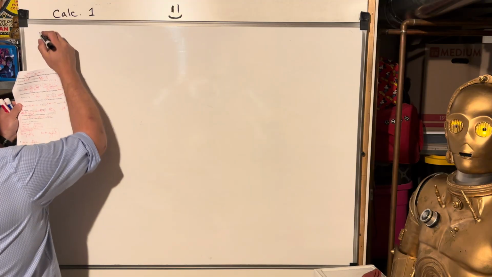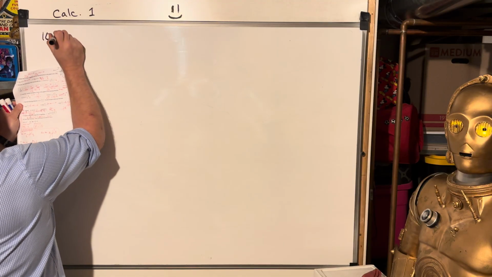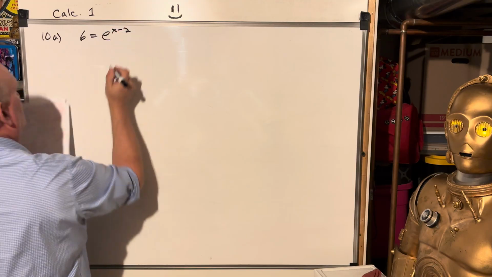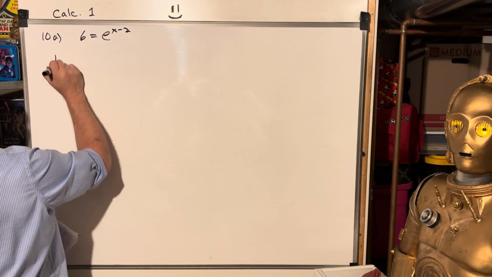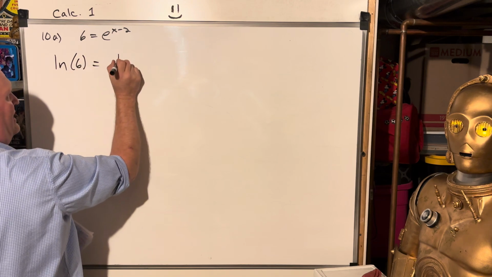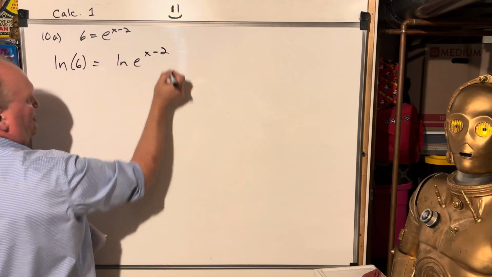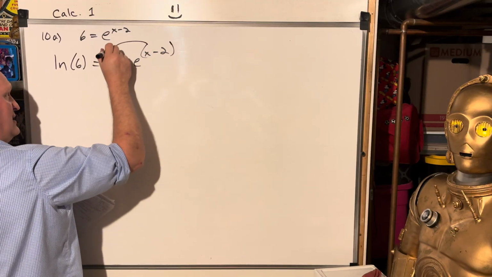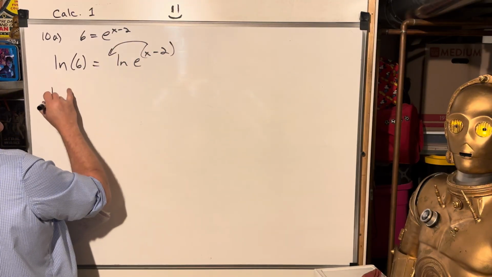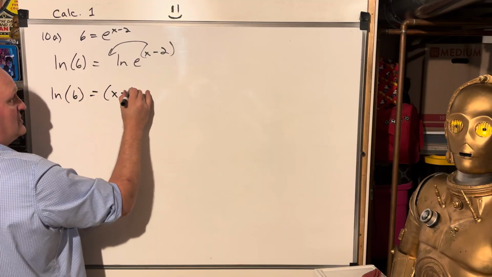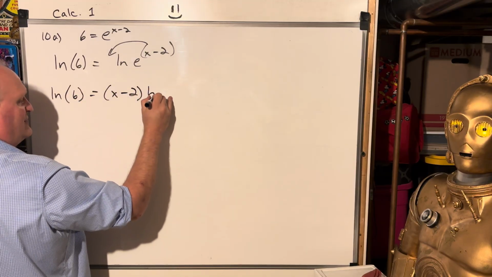So we've got 6 is equal to e to the x minus 2. You could take the log of both sides, ln 6 equals ln e to the x minus 2. Now we can bring that down in front as the coefficient, because it's a power. So you have ln 6 is equal to (x minus 2) in parentheses times ln e.